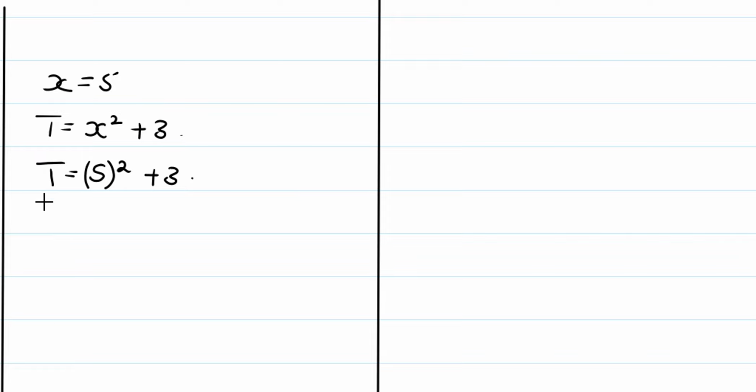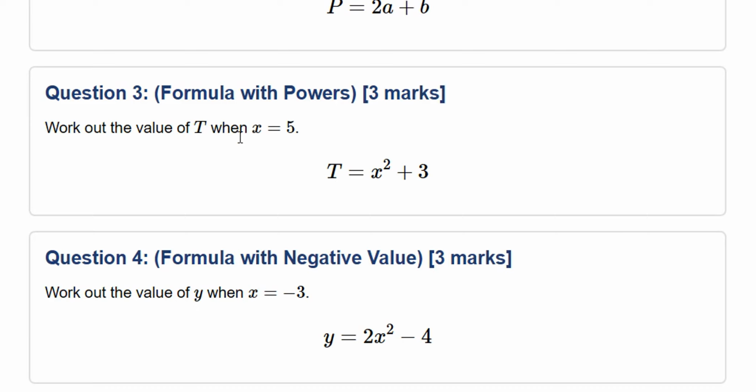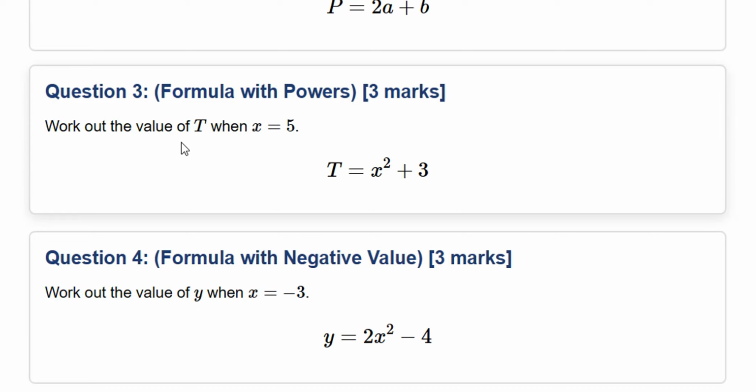Then from there, we need to open the brackets here first, where we'll say 5 squared is the same as 5 multiplied by 5, which is 25. Then we add our 3 here. So from there, t will be equal to 25 plus 3, which is 28. And that becomes the solution for this question 3. And we try a more complex question, question 4.